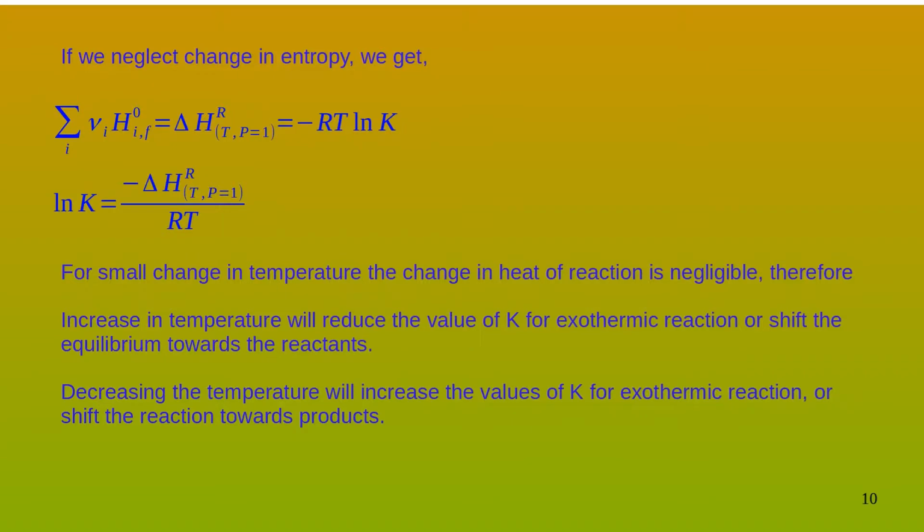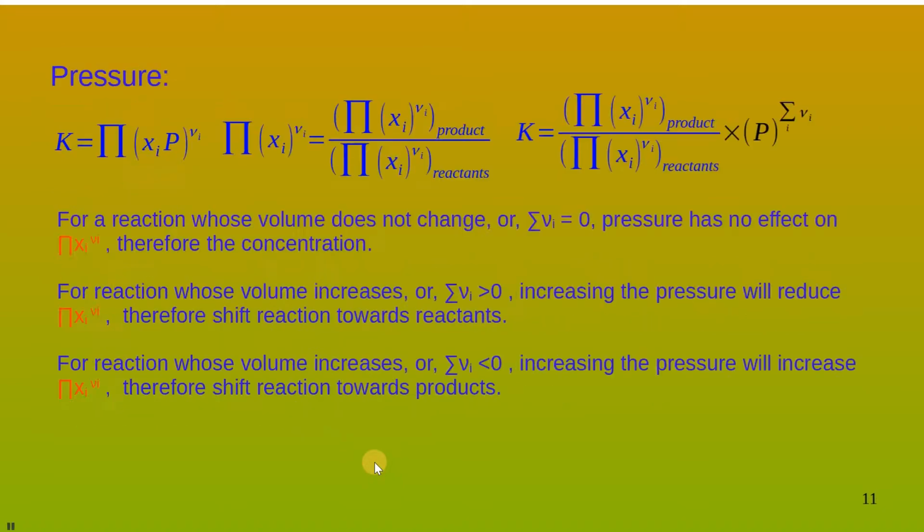And therefore, if we increase the temperature for an exothermic reaction, the equilibrium shifts towards the reactants. The converse is also true. If we decrease the temperature, this will increase the value of K for an exothermic reaction, or this will shift the reaction towards the products.